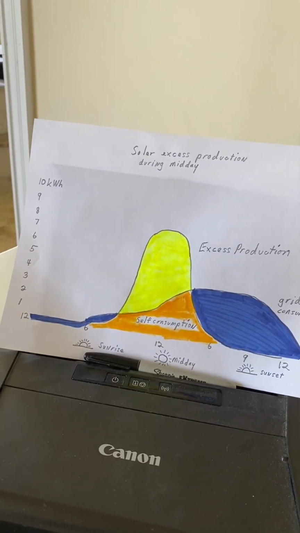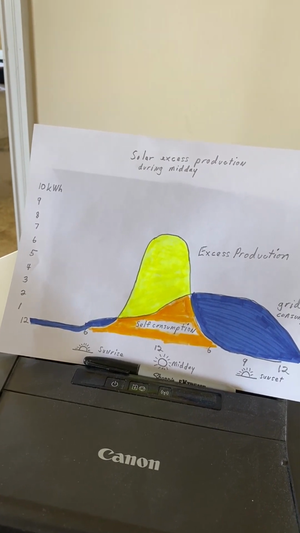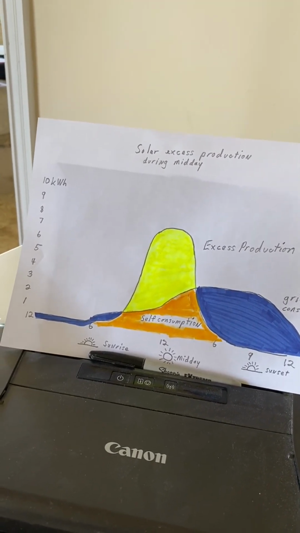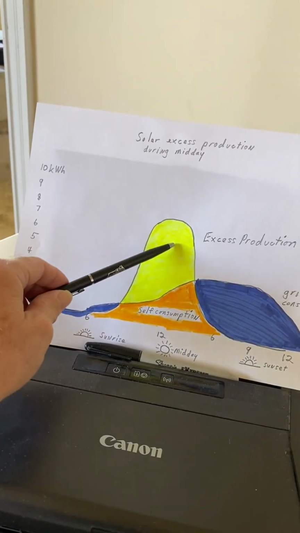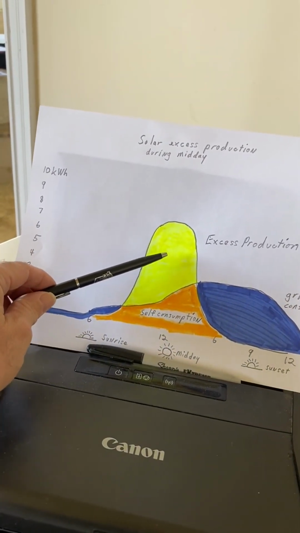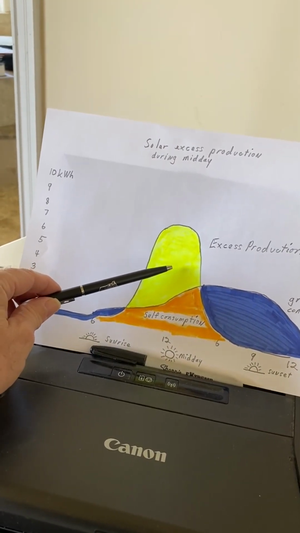The only thing is there's other ways to store electricity that's less expensive than batteries, and that's what we're going to get into. But what's needed is an inexpensive way to store a large amount of electricity from here to there.